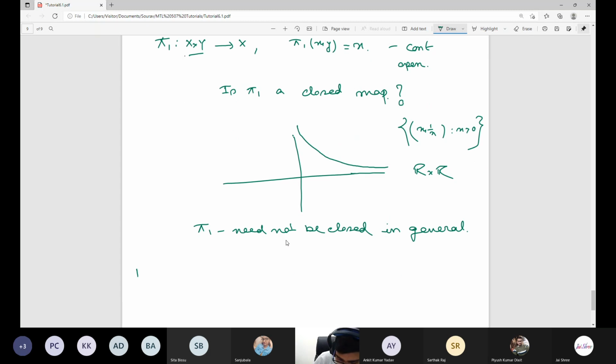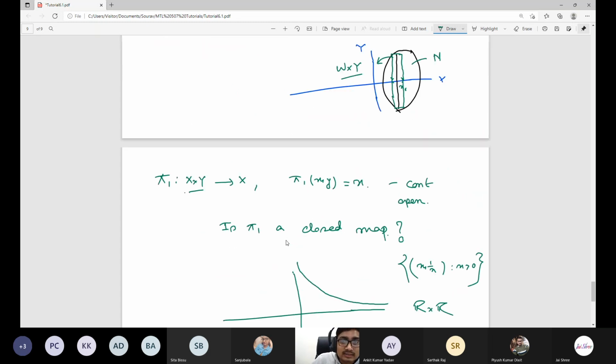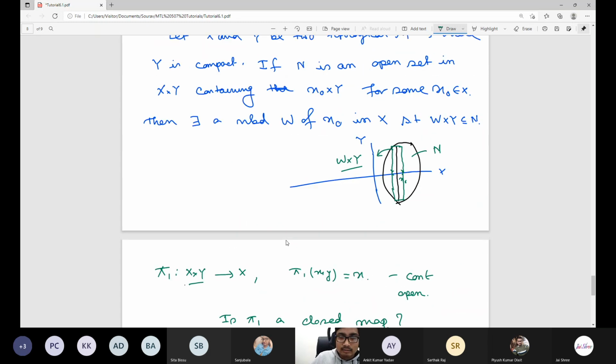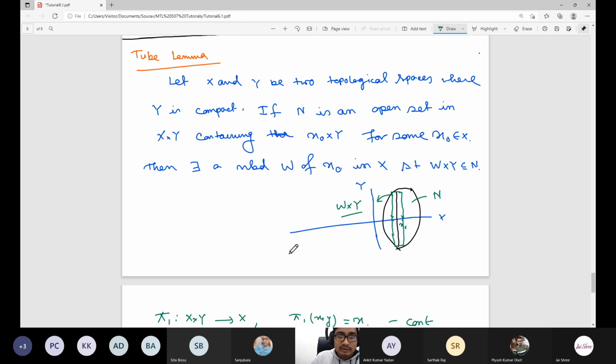Now assume that your space Y is compact. Can you please look at this lemma and try to verify whether it's a closed map? I'm giving you a little argument.